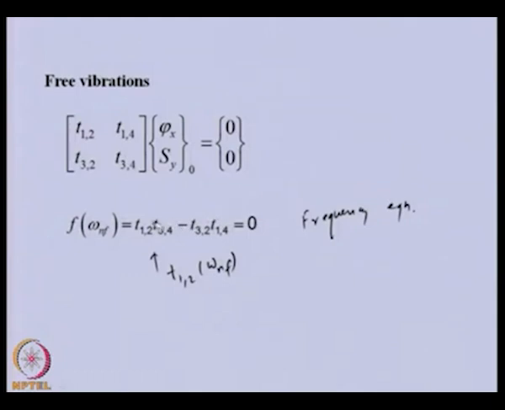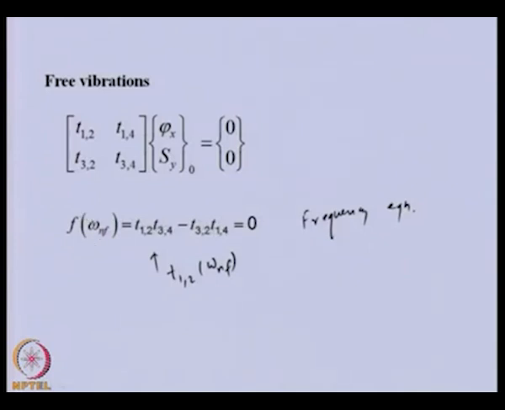So, generally we solve this frequency equation using a numerical analysis technique. We explained that in the torsional vibration case also. So, some kind of root searching technique can be used to obtain this frequency equation.